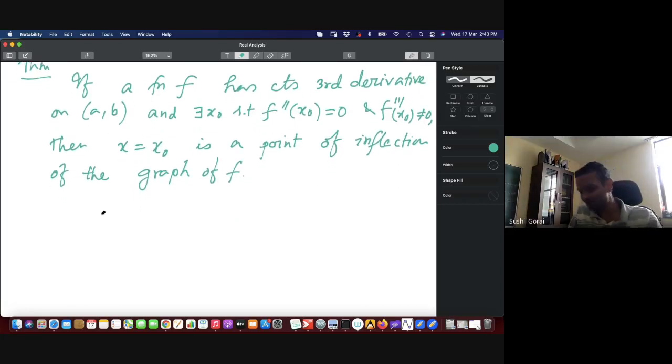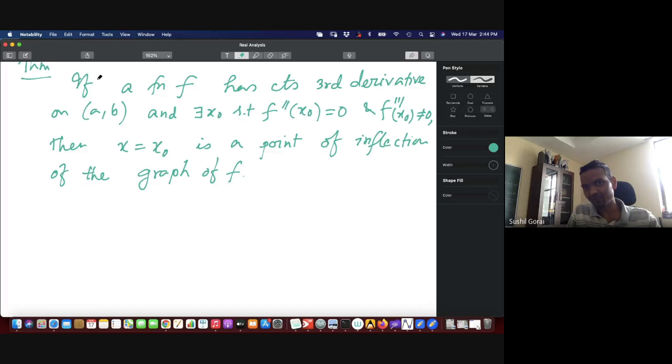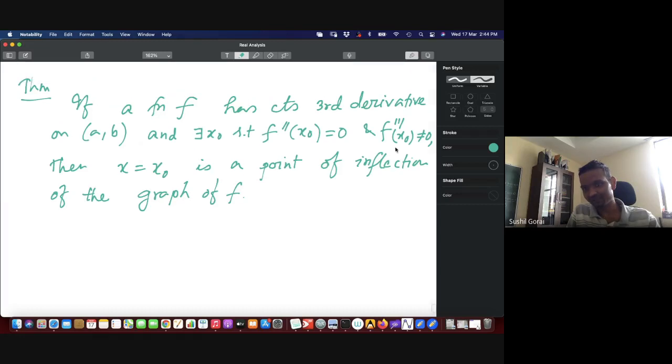Let me ask you, can you guess why that is so? I've written this statement, right? Why, if the second derivative is zero and the third derivative is non-zero, will it always be a point of inflection?